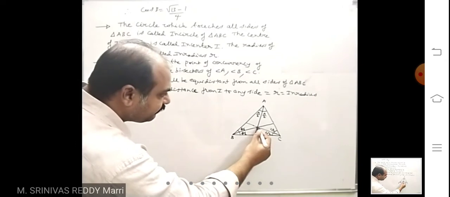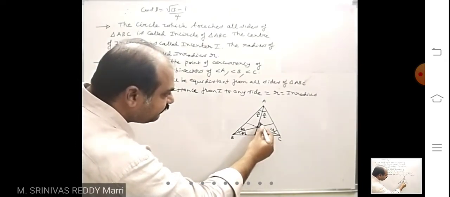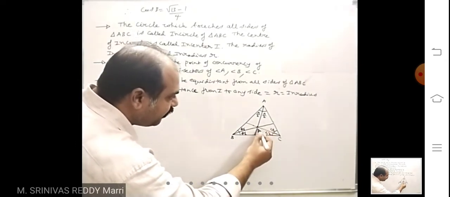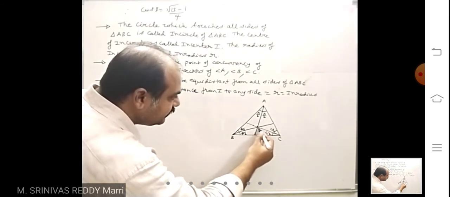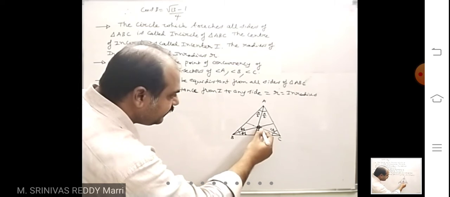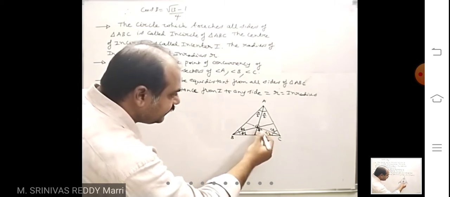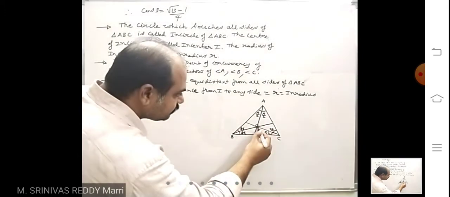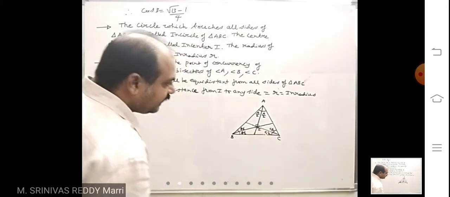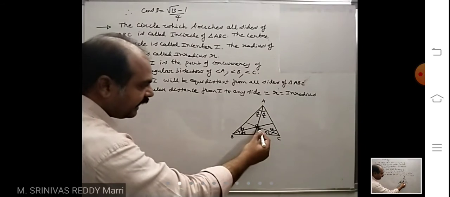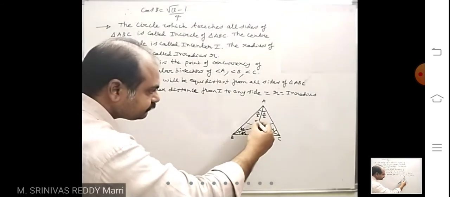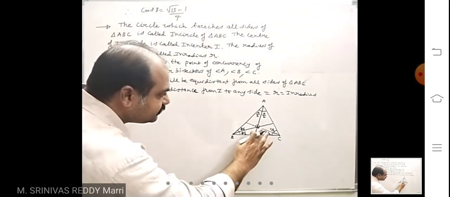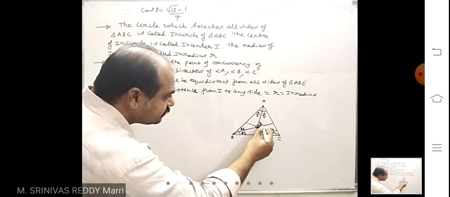Now, the point of concurrency is the point that is called the incenter. All the three lines will meet at a point, and that is called I. From I, I am dropping perpendiculars to all the sides.